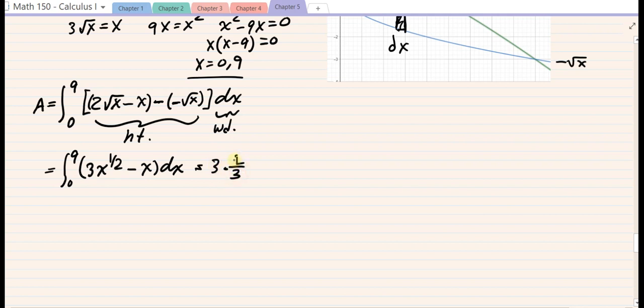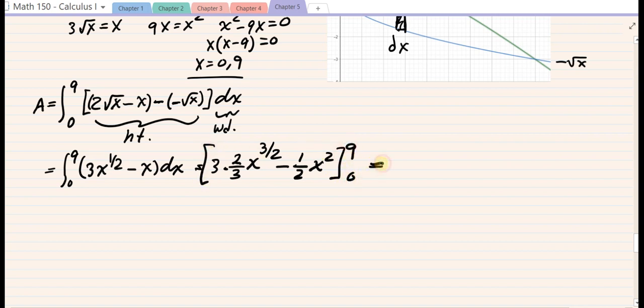Invert, you get 2/3, and x to 3 halves here. And minus the integral of x is just going to be 1/2 x squared. And then evaluate it from 0 to 9.